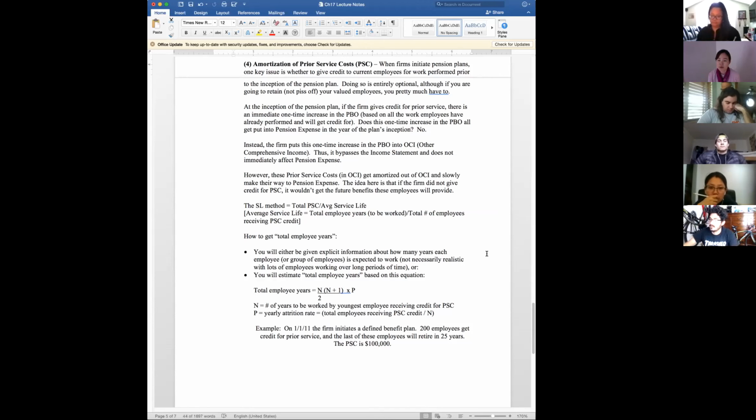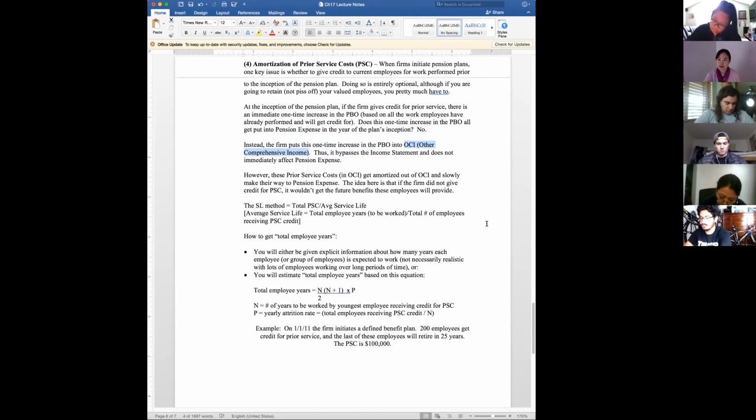Therefore, what we are allowed to do is, instead of putting this one-time increase in PBO into the income statement, we use other comprehensive income. Other comprehensive income is an account that goes into the equity section on the balance sheet.